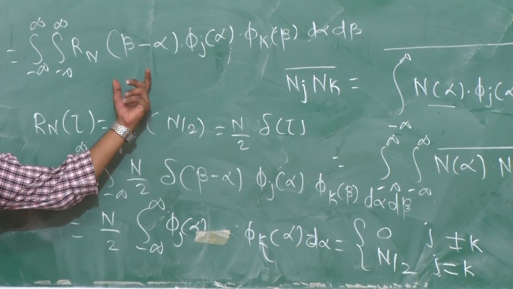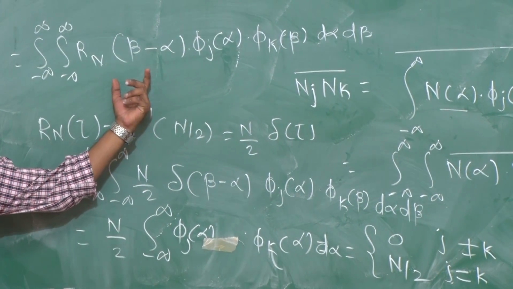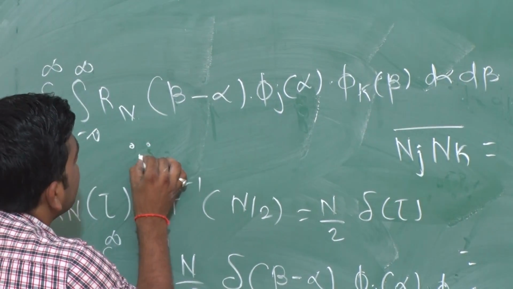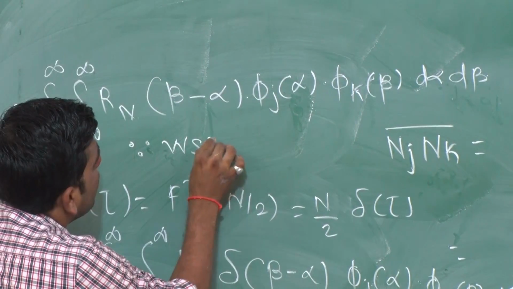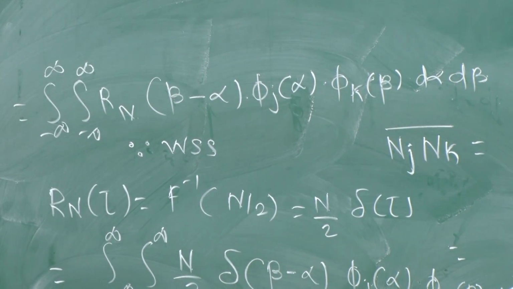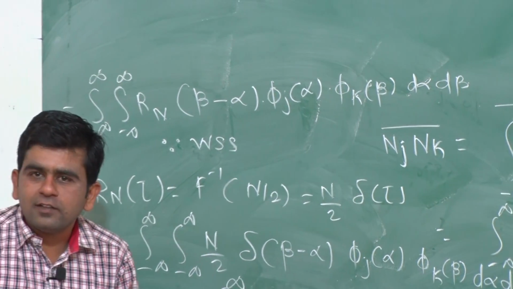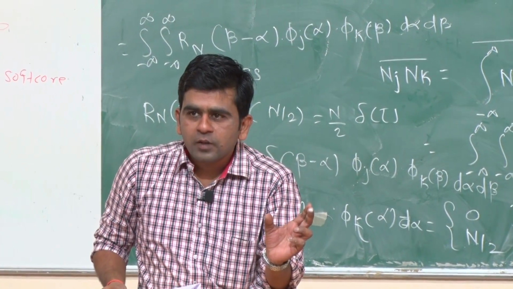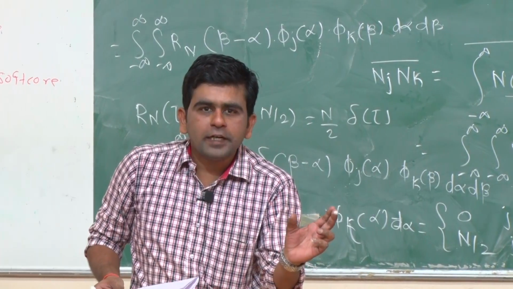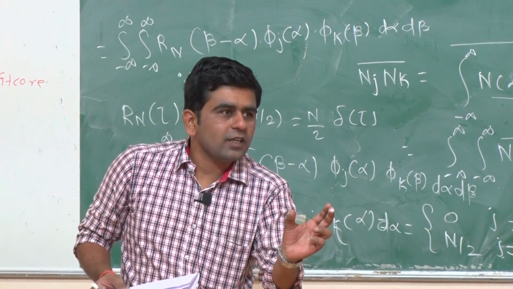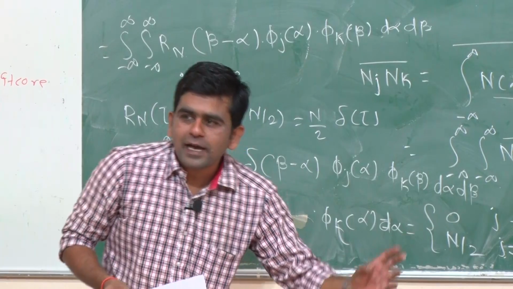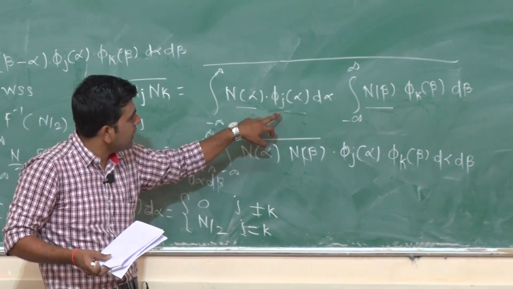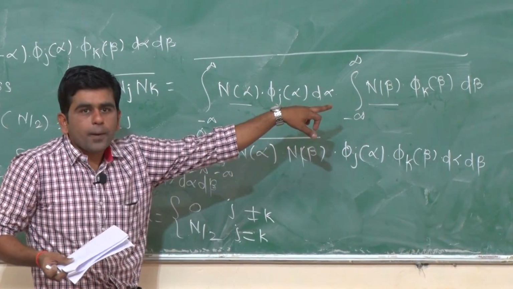This quantity, when this process is wide sense stationary: for a wide sense stationary process the autocorrelation function is a function of the time difference, t1 minus t2 or t2 minus t1. It is a function of the difference. So here we have one random process at time instant alpha and a second random process at time instant beta.